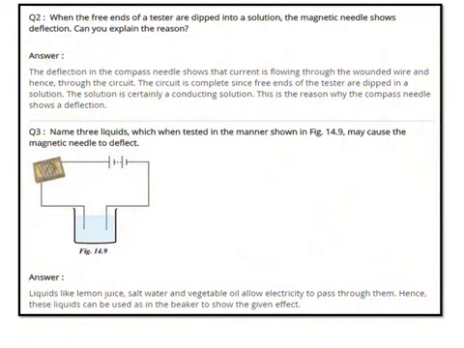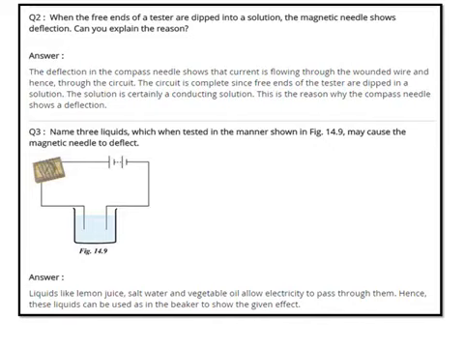Now, let us see the solution for some of the questions which are very important on this lesson. When the free ends of a tester are dipped into a solution, the magnetic needle shows deflection. Can you explain the reason? Answer.